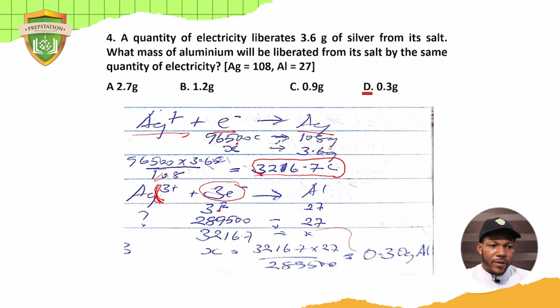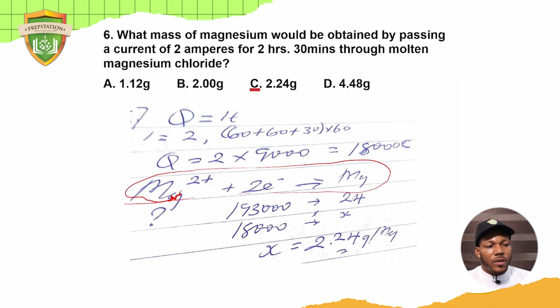The only difference is they have changed the metal, the compound, and the time, but the approach to the question is the same. So if you know one, you know all. Just try to understand how to tackle any question and how to start. You will not have much problem on electrolysis calculation.